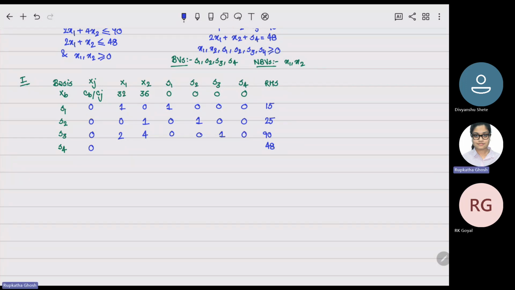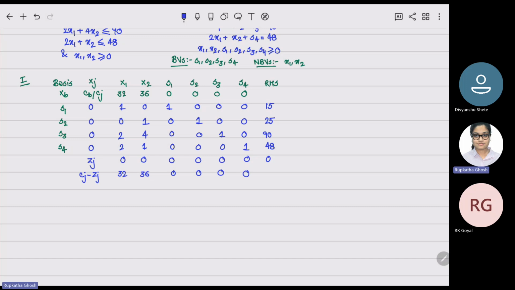Then you have 2x1 plus x2 plus s4. Right? So now when you calculate Zj, they are all 0 because anything multiplied by a 0 is a 0, right? So Cj minus Zj currently is your 32, 36, 0, 0, 0, 0.